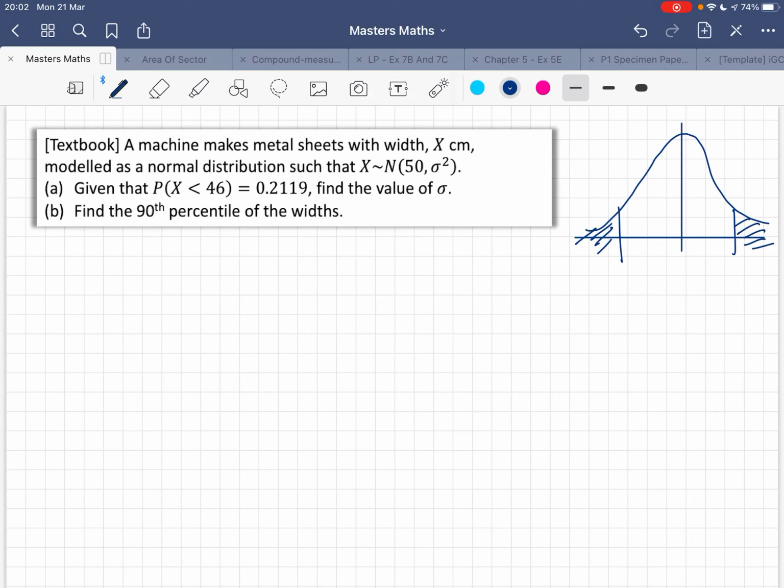So actually what I'm trying to find is the probability that z is less than some little z, which would be equal to 1 minus 0.2119. And that's what I can look for in the table. So 1 minus 0.2119 is 0.7881, and then I would find that in the table.